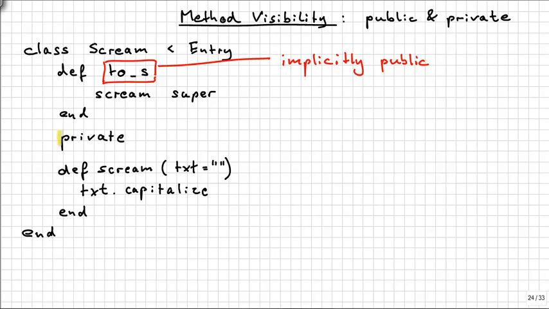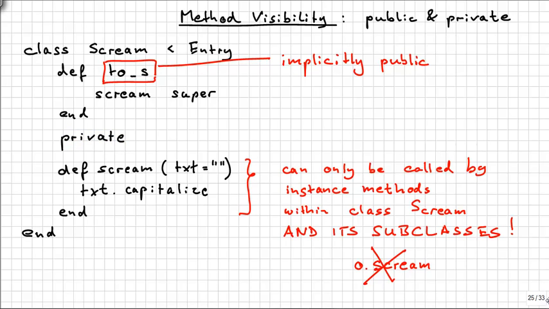If we explicitly label a method or sequence of method definitions private, we restrict from where we can call those private methods. Specifically, private methods can only be called by instance methods within the class Scream and its subclasses.